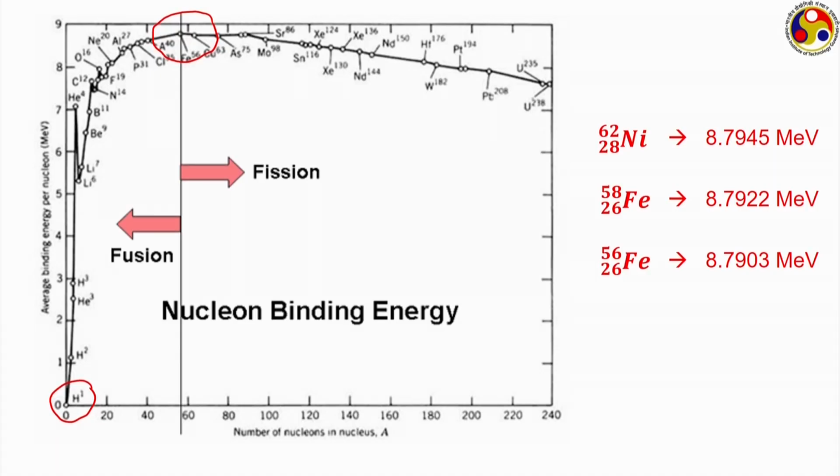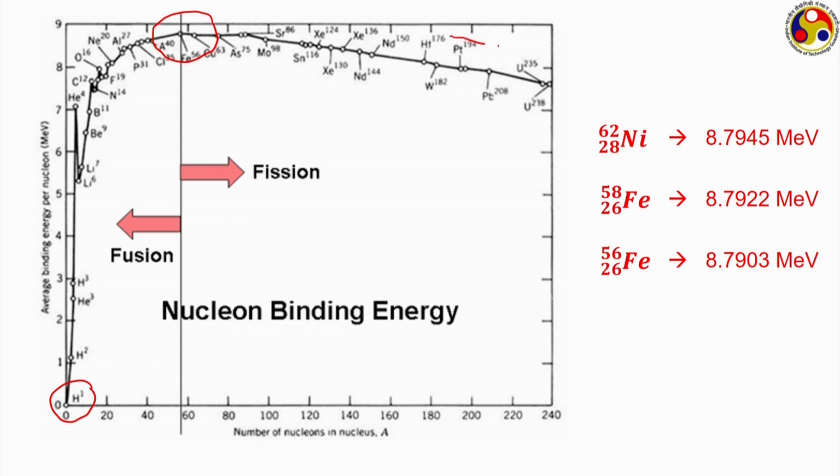The nuclei which have mass number far away from this zone generally have binding energy per nucleon much lower than this highest value of approximately 8.8, and hence they are more unstable. The farther we move away from this zone, the more unstable the nucleus.